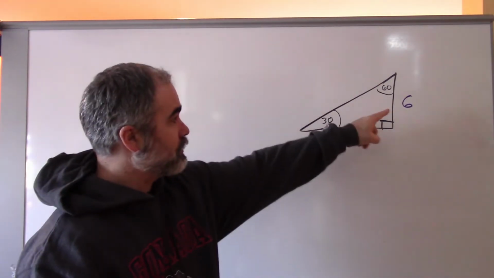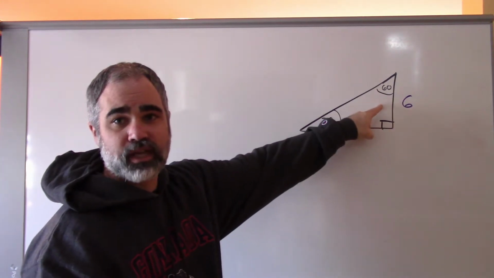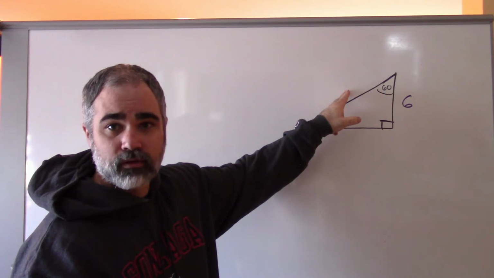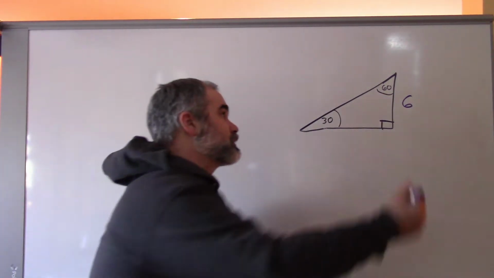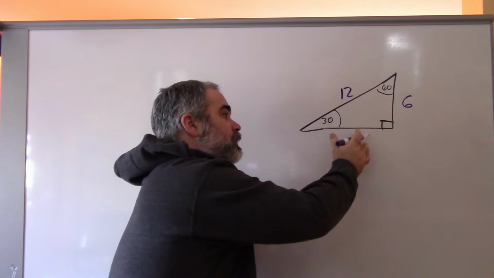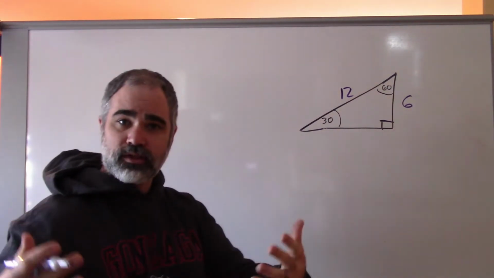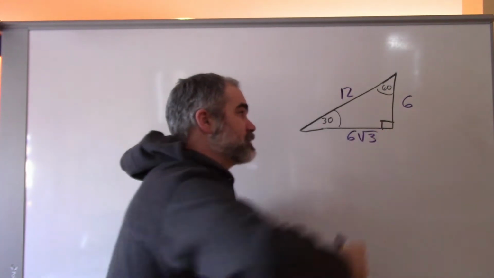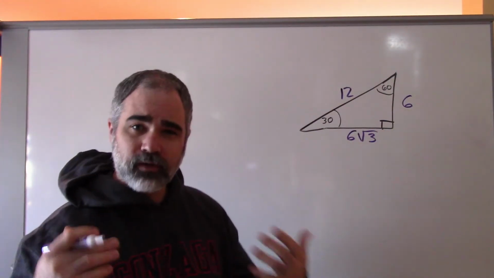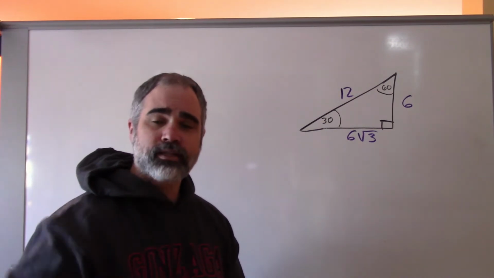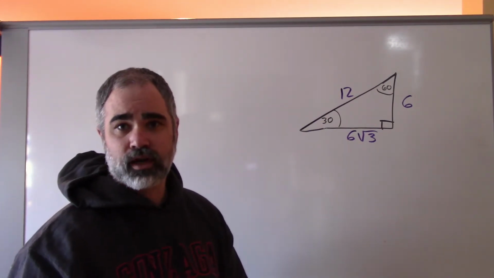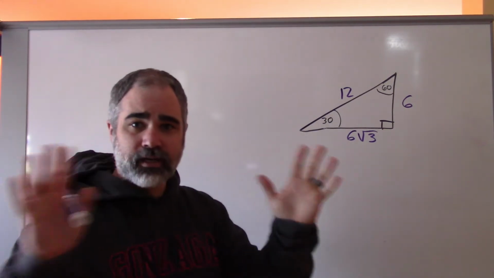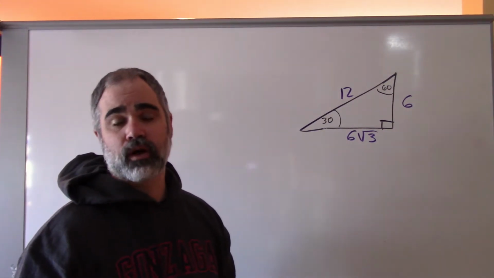I know that this side is always going to be double the short side, so this is going to be 12. I know this side is going to be whatever the short side is times the square root of 3. And that's as difficult as it needs to be. You can very quickly and easily find the side lengths of any of those triangles. They have to be a 30, 60, 90, but once you know that, you can find out whatever you want about them with very little work.